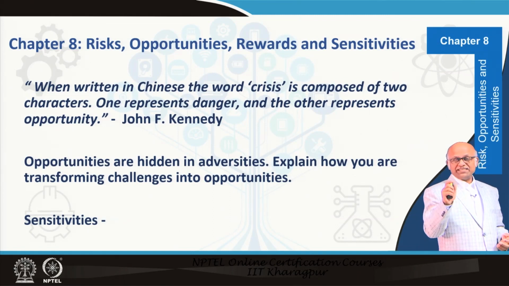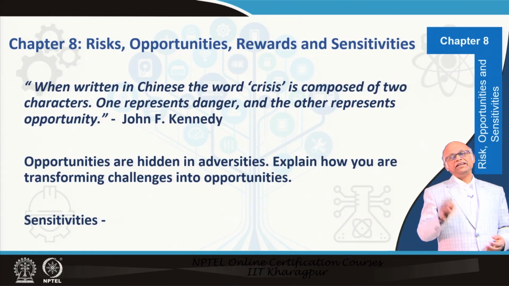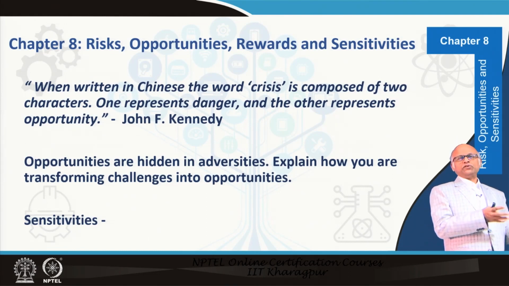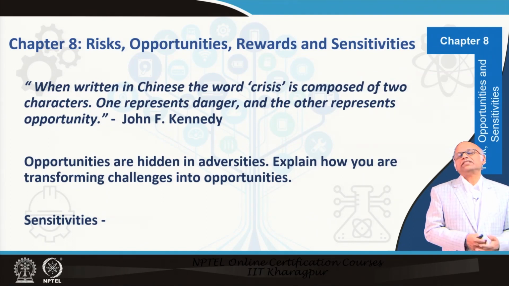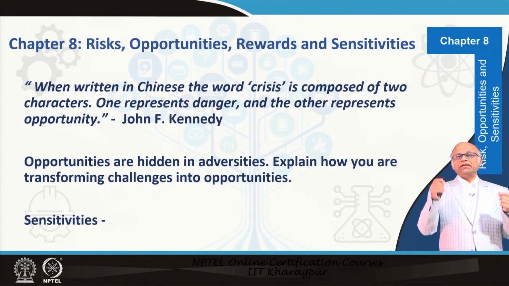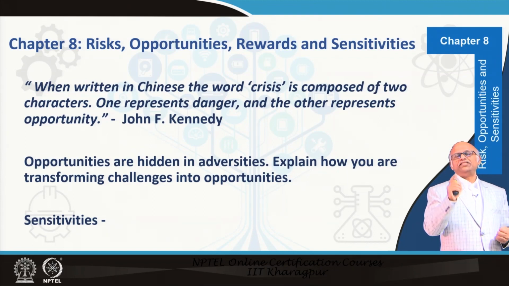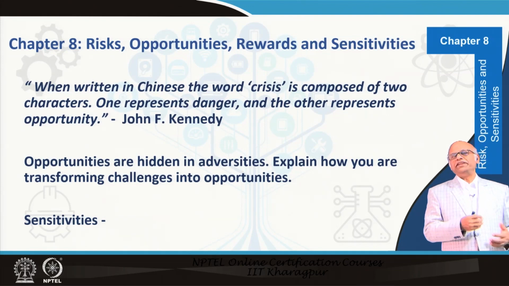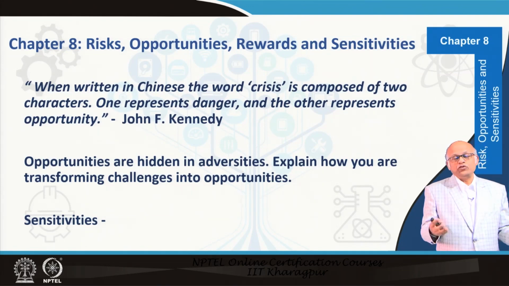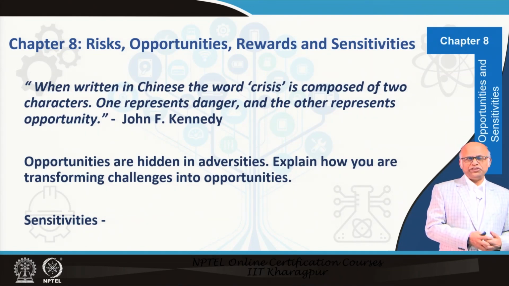The word crisis has 2 syllables in Chinese. The first one says danger and the second one says opportunities. That means crisis means there is a danger, and if you can somehow work around it, you may come out victorious and there will be an opportunity for you.